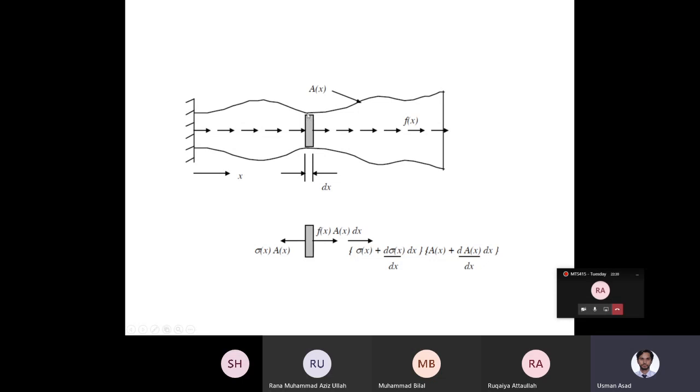ठीक है? So looking at one small element of this bar, ठीक है, one small cross sectional area इसका Ax है.